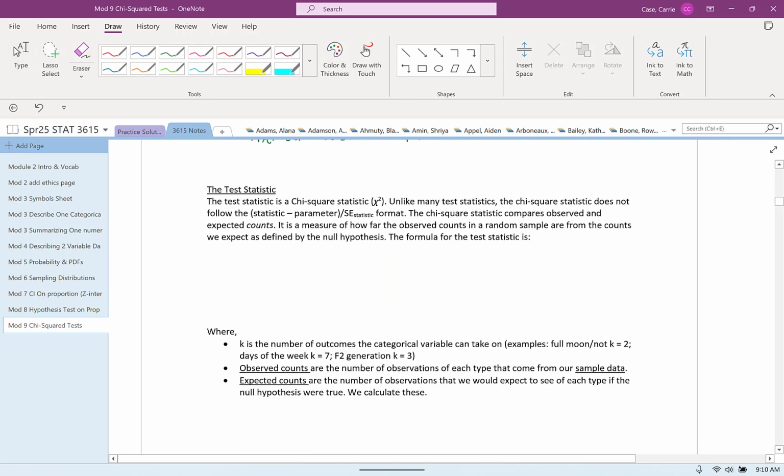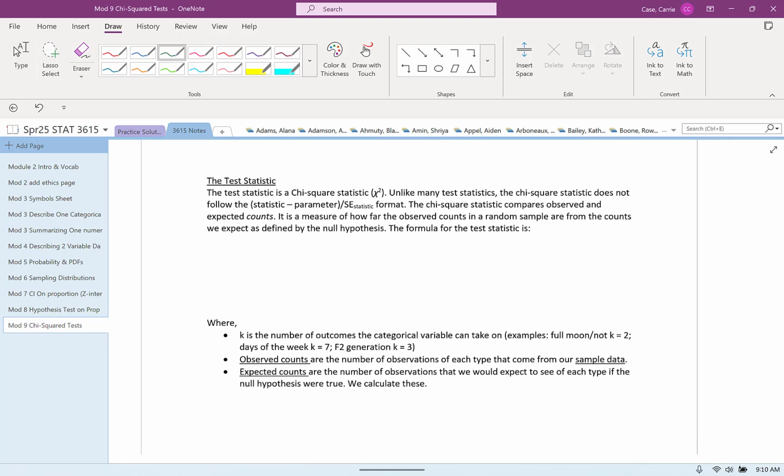All right. So now let's look at our test statistic. The test statistic is a chi-squared statistic. Unlike many tests, the chi-squared statistic does not follow that format, statistic minus parameter divided by the standard error of the statistic.